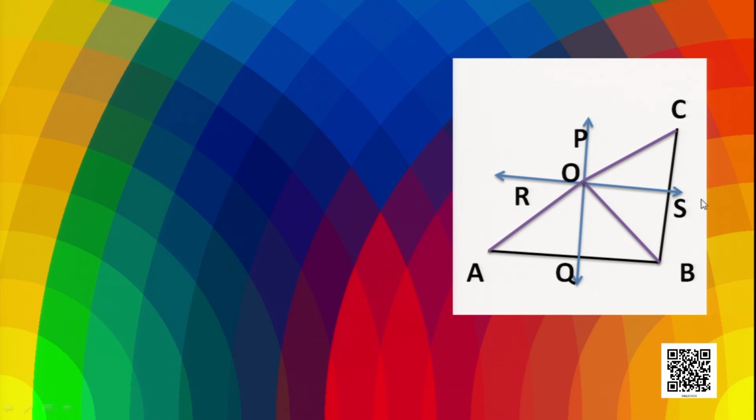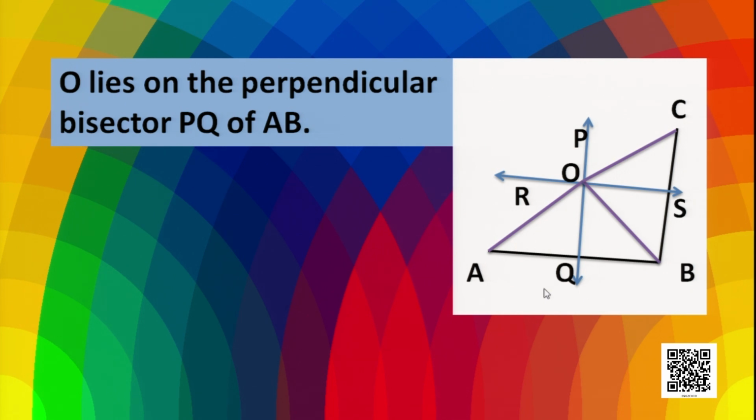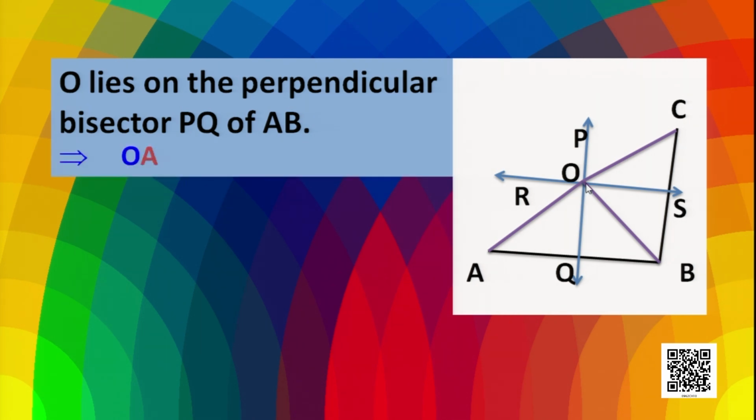Now let's consider that we joined OA, OB and OC. Why? As O lies on the perpendicular bisector PQ of AB, O is equidistant from A and B. That means OA is equal to OB.